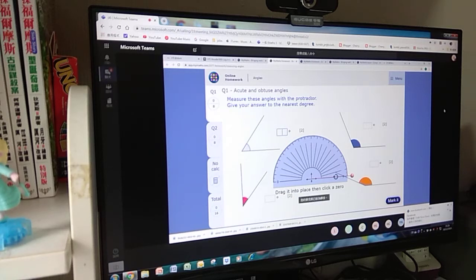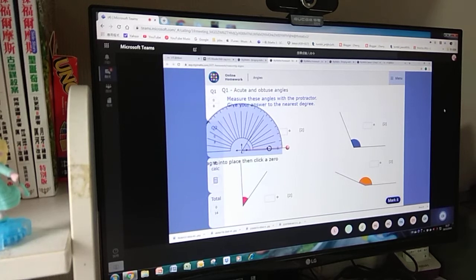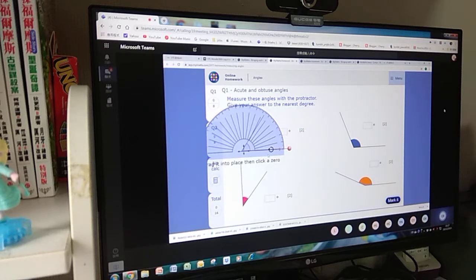First, you have to move the protractor. In Chinese, it is the protractor on the angle. Okay, so here is the 0 degree, and then you move the protractor here.